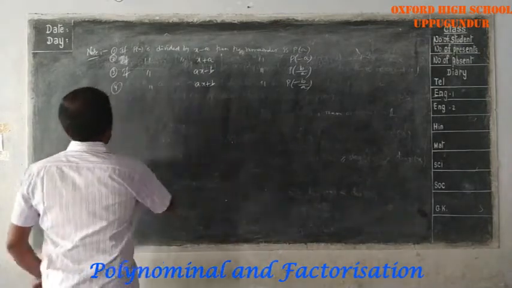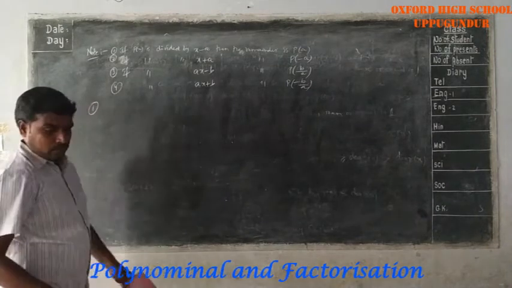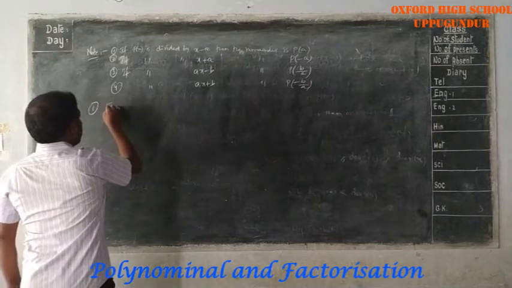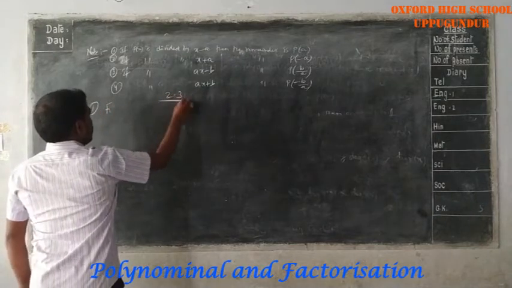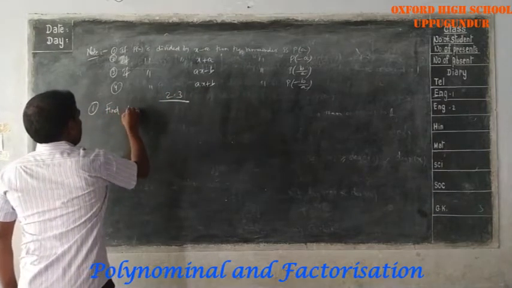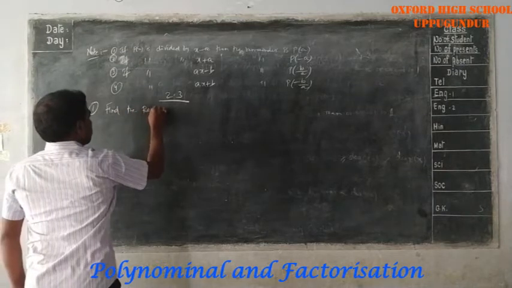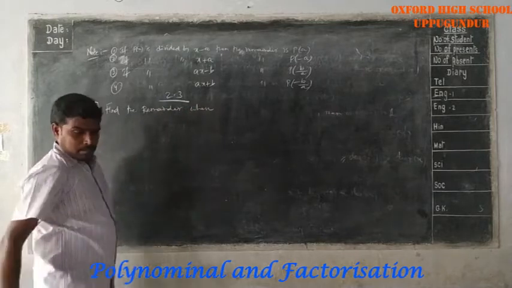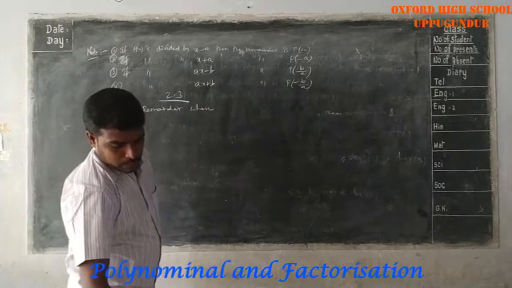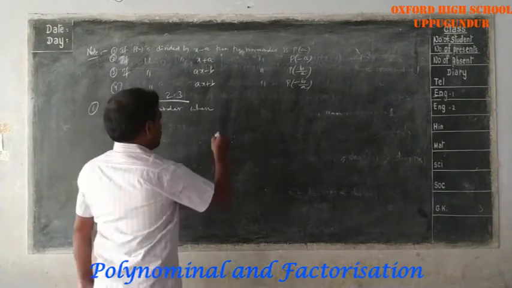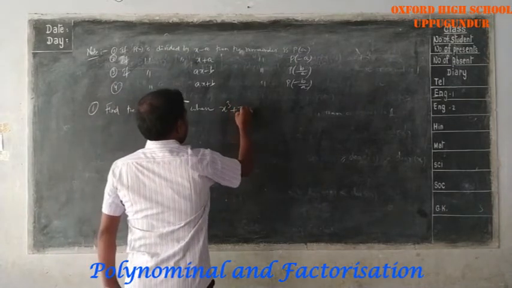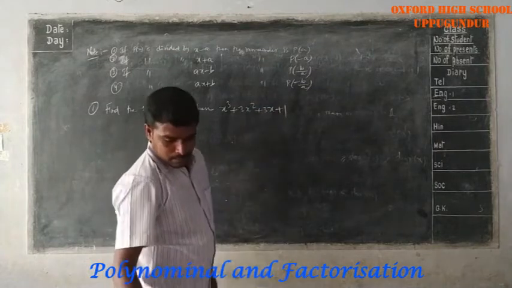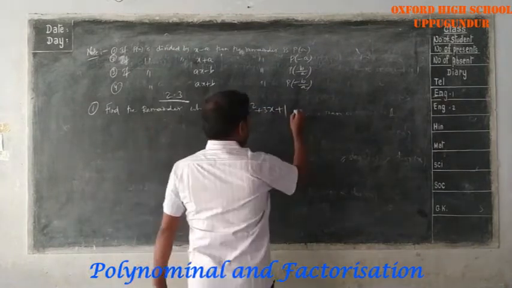First Roman numeral: find the remainder when x cube plus 3x square plus 3x plus 1 is divided by the following.